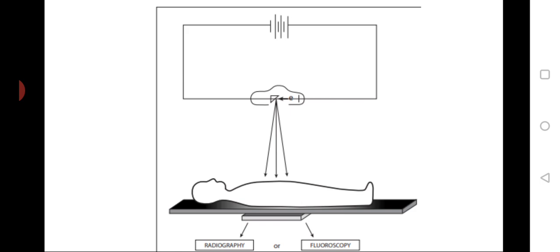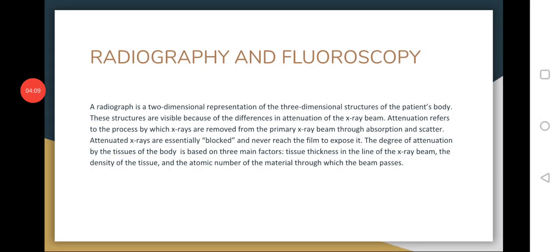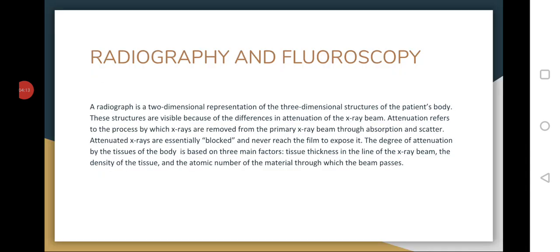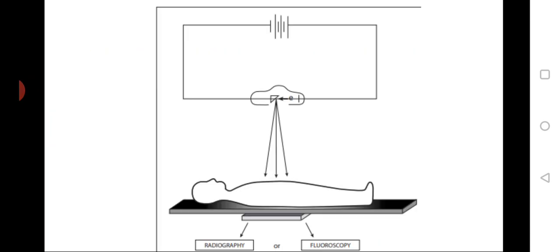So when we... Wait a moment. Oh, sorry. When we are shining this special light, those X-rays, on the patient, and we are doing the X-rays, we would just shine them on the patient for a very short time, and we'll see what is on the other side.